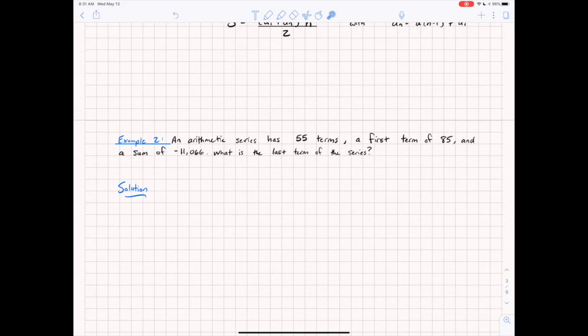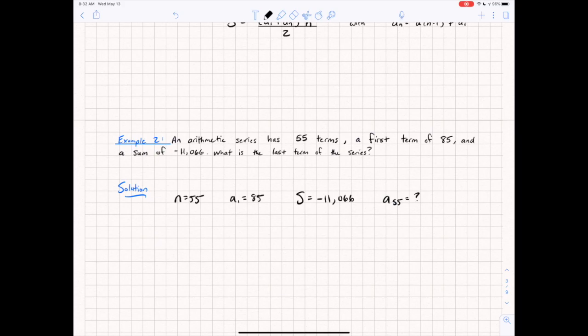There are 55 terms, so n is equal to 55. The first term is 85, so a1 is 85. The sum is negative 11,066. And what I'm looking for is a55. I want to know what is the last term of the series.